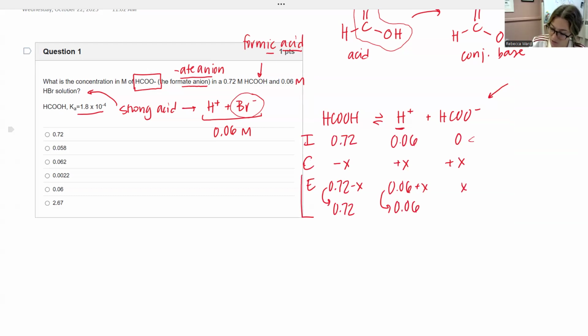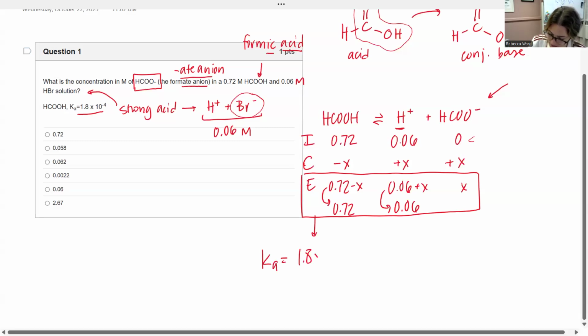So now I have equilibrium values that will plug into Ka, which we can write as 1.8 times 10 to the negative fourth, and that equals H plus times HCOO minus over HCOOH.